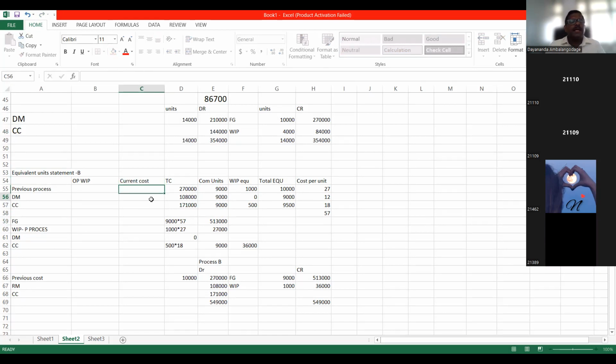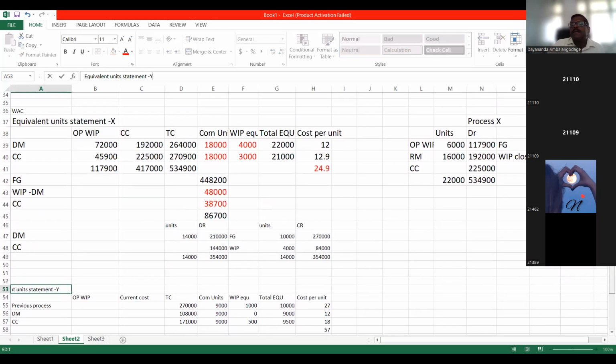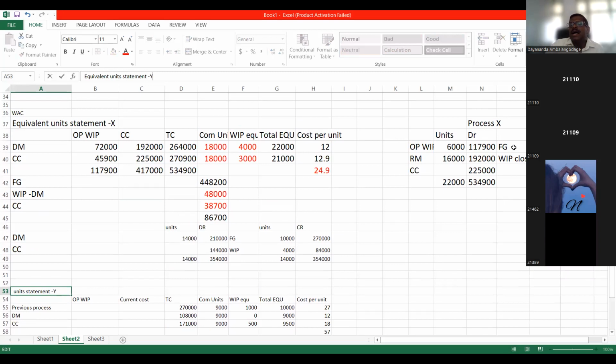I am just preparing this particular equivalent statement, not for X, but for Y. Previous process means how much you transferred from this particular account.